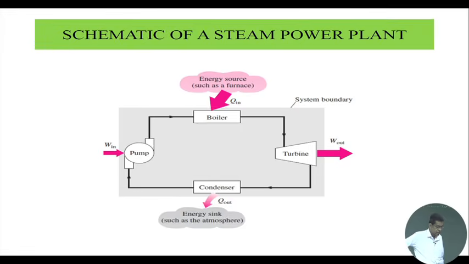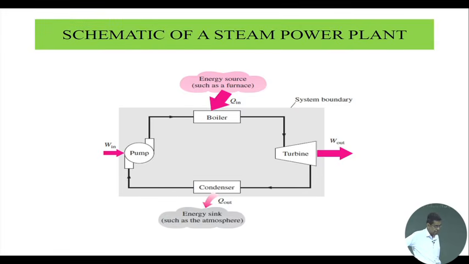So this is a thermodynamic cycle, and here you see the energy source, the furnace where the combustion takes place and hot gas gives the heat. That means here the working system water takes heat. So this is one reservoir, and the condenser, where the steam after expansion is condensed, is the sink, the low temperature reservoir, that is the cooling water from the atmosphere.